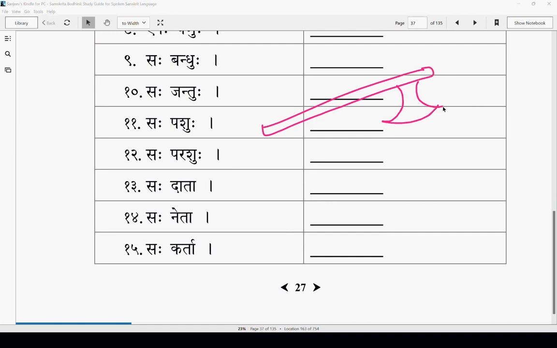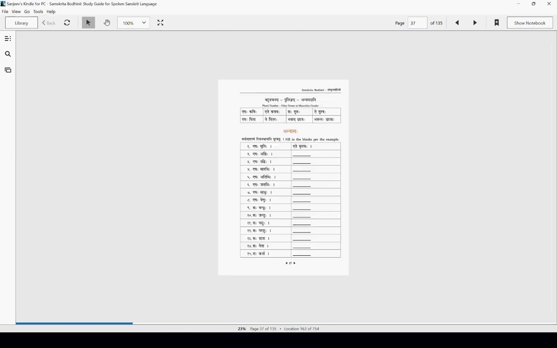Data is one who donates. Neta is a leader. Karta is a doer. We have already seen similar examples before, so follow the examples of Bahuvachanam.